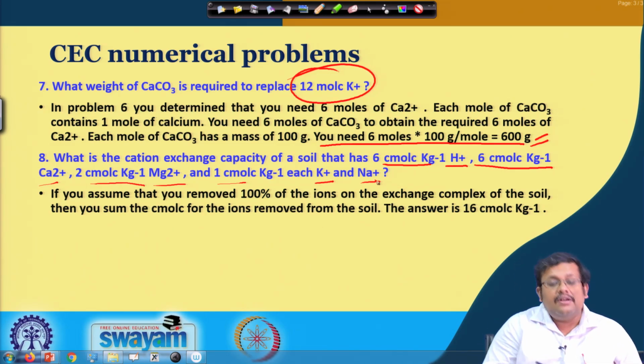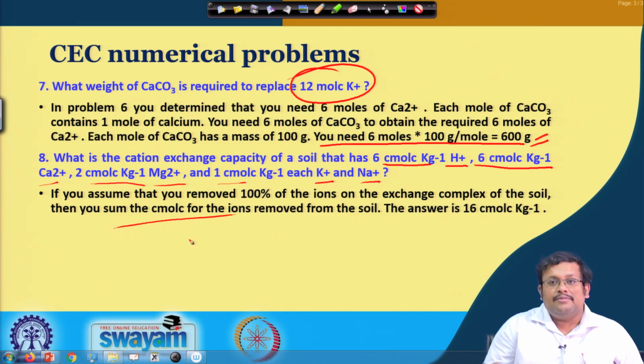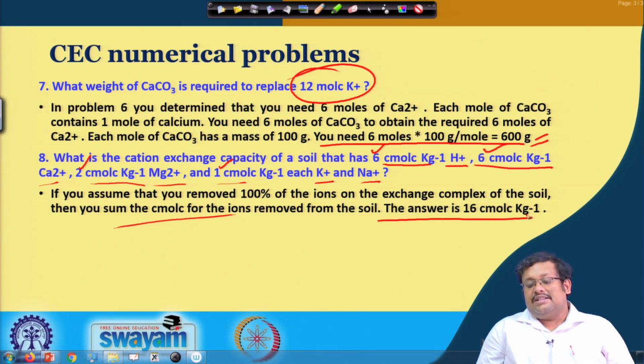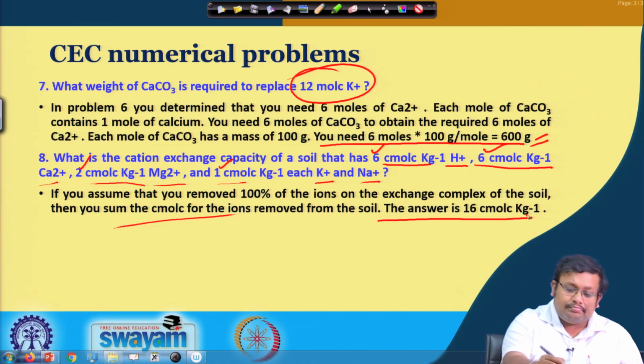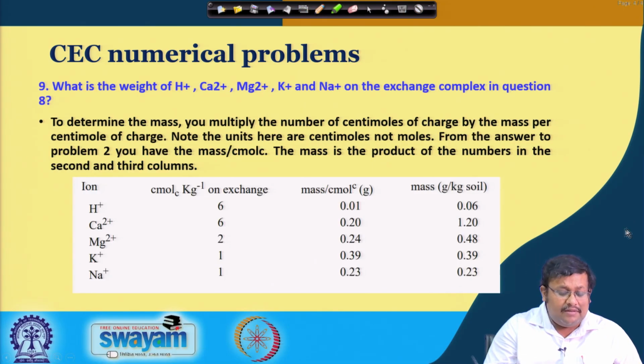If you assume that you have removed 100% of these ions from the exchange complex of the soil, then you need to sum all the centimole charge. So, if we sum 6 plus 6 plus 2 plus 1 plus 1 centimole charge, we get the answer, 16 centimole charge per kg of cation exchange capacity.